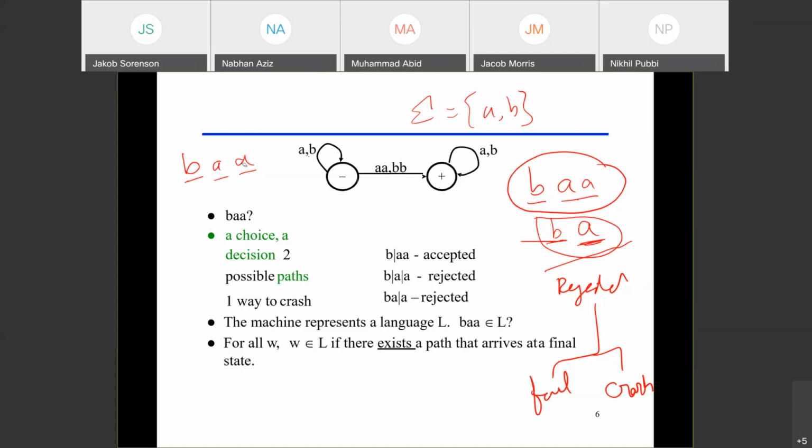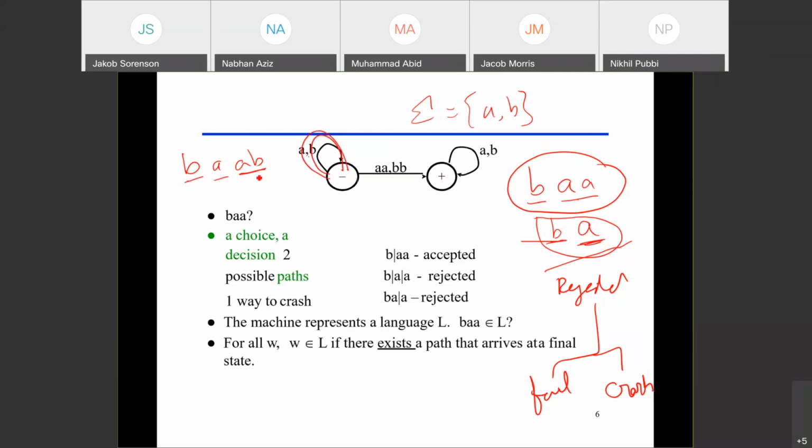Now let's say I pass B and A and then AB, AB as one input. Now what happened? It would crash. Now you understand the difference between fail and crash, because you see we pass B, we have this loop here. We pass A, we have this loop here.